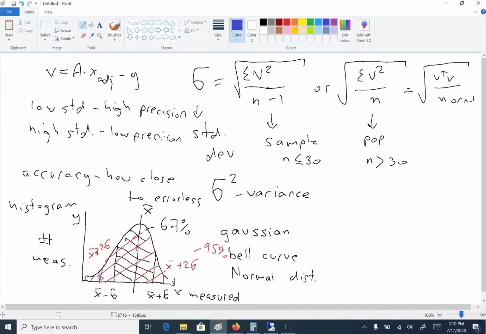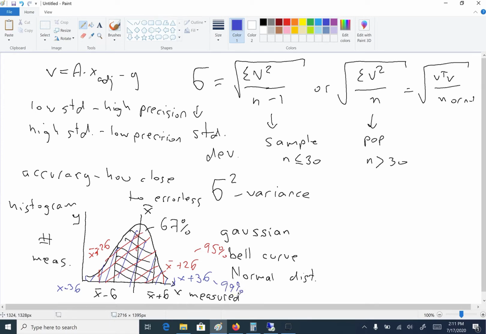And the 3 sigma range covers 99% of the data.